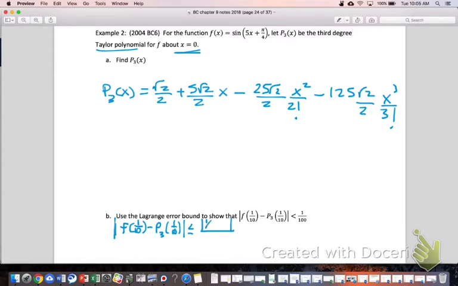So I'm going to say 1/10 minus 0. And we're supposed to take that number to the n plus 1. So what is n? 3. It corresponds with the degree of the polynomial that we used, the third degree polynomial. And so 3 plus 1 is pretty easy from there. It's 4.